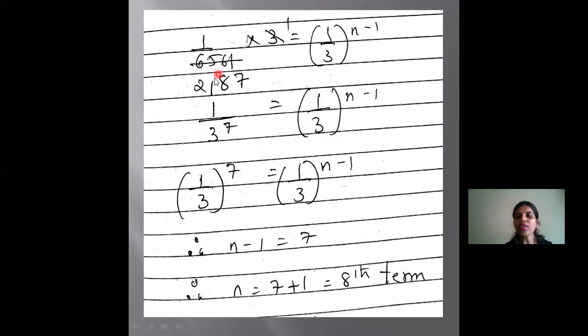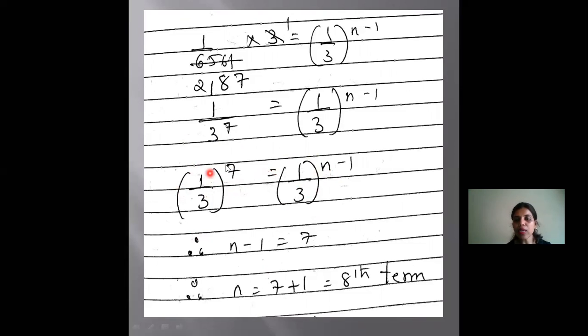So you understand that 2187 also you have to convert to the power of 3. When you factorize it, you will get 3 raised to 7 as 2187. So now you can write it in the 1 upon 3 form. The reason is 1 raised to 7 is nothing but 1. So 1 upon 3 raised to 7 we get is equal to 1 upon 3 raised to n minus 1.